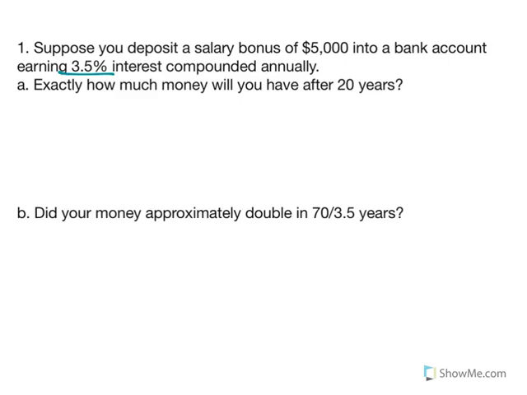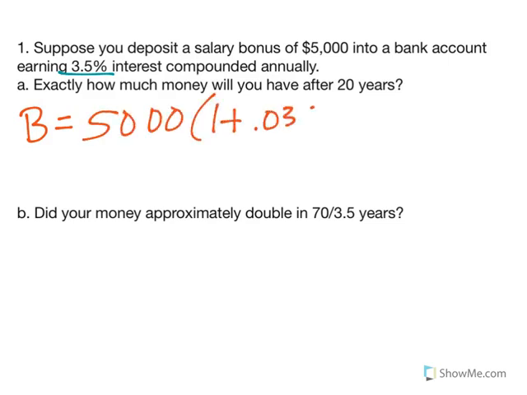So let's use our balance equals principal times 1 plus 0.035 raised to the 20th power. Now remember, we're compounding annually. That's once a year, so we don't have to divide by anything, because if you divide by 1, you're not changing anything.